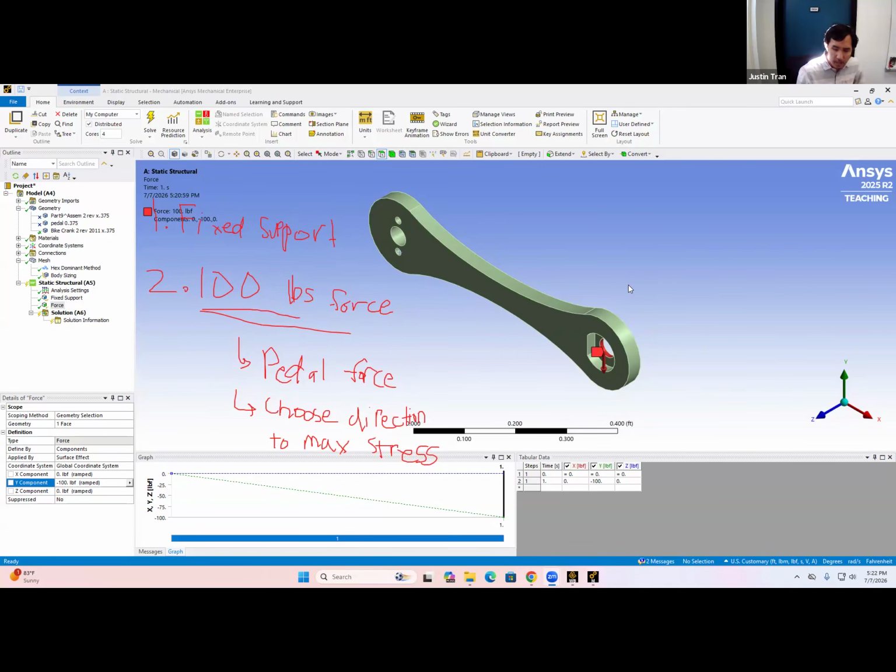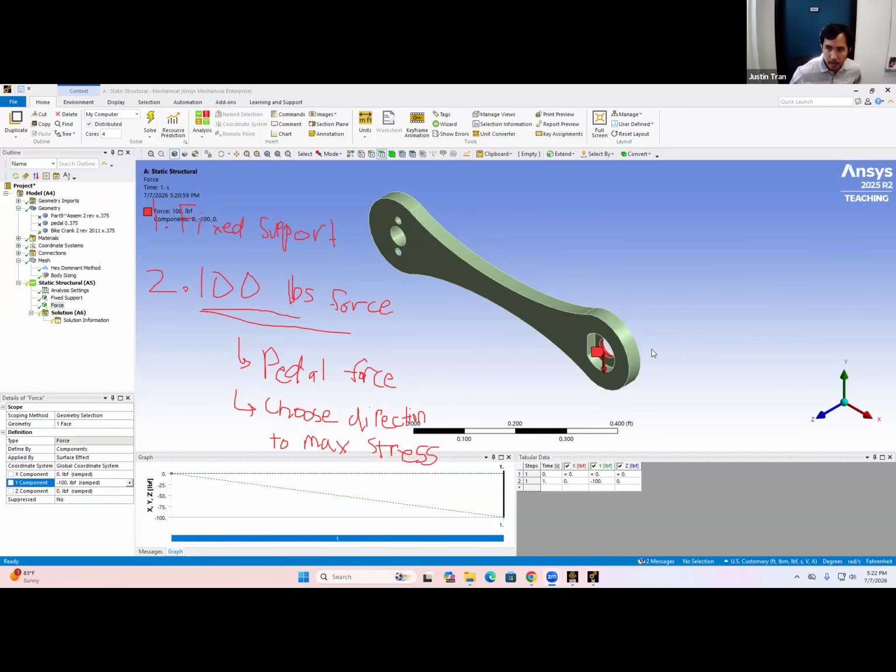If someone gave you a twig and asked you to break it, you would never try to pull it apart or compress it. Generally, if you're given a slender object and asked to break it, you would bend it, because that's the easiest way to break it. That's the way to induce the most stress in a part like this. So applying the force in the y direction would induce bending.